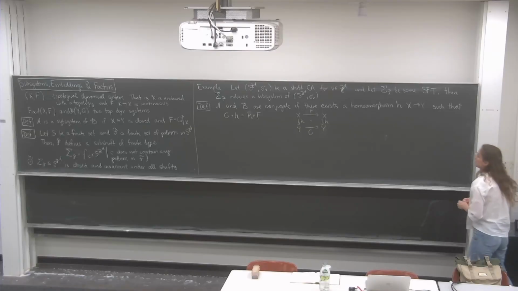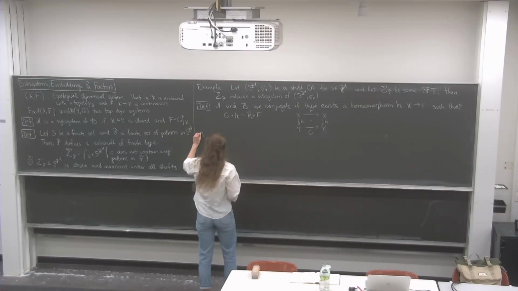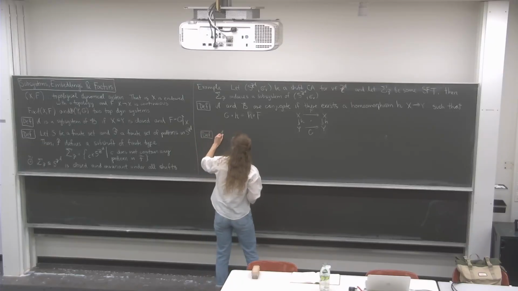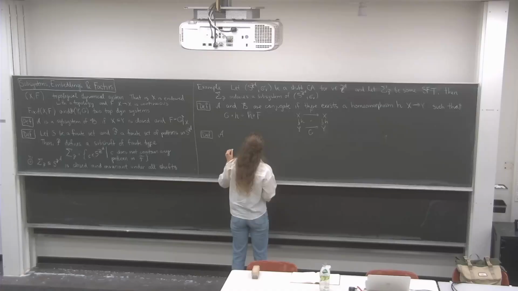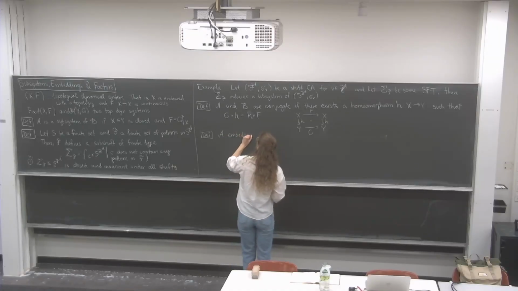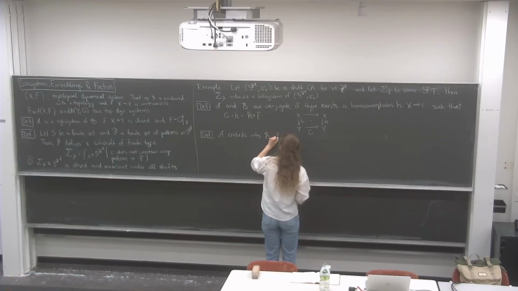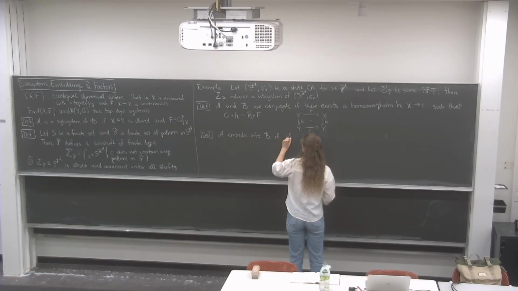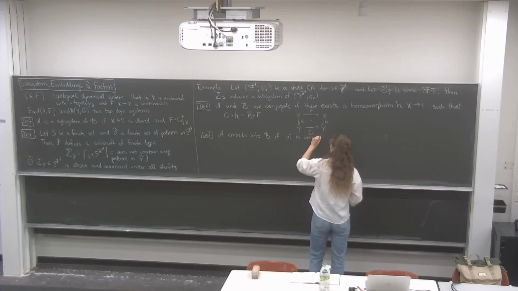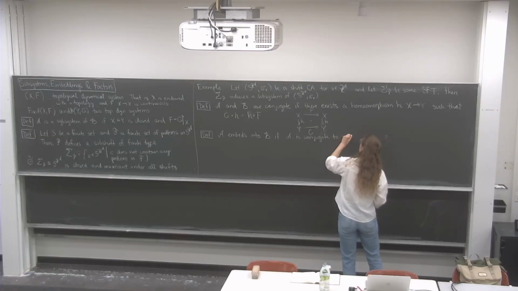So now we can talk about subsystems up to conjugacy. We can say that A embeds into B if A is conjugate to some subsystem of B.